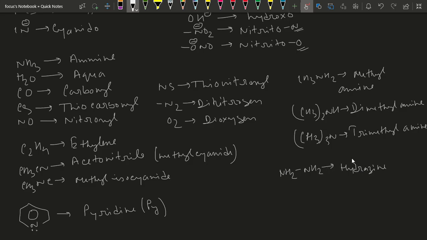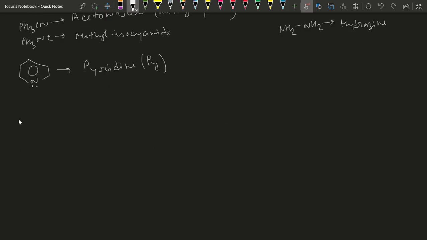So these are all important ligands. We will have some other important ligands in our later discussions. Next, we have a very important point about positively charged ligands.